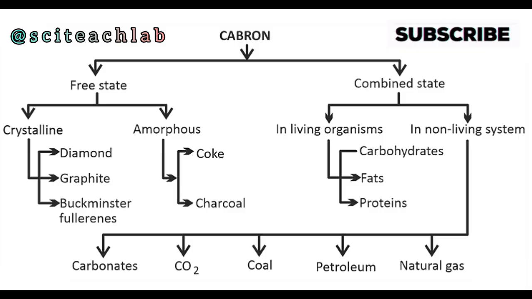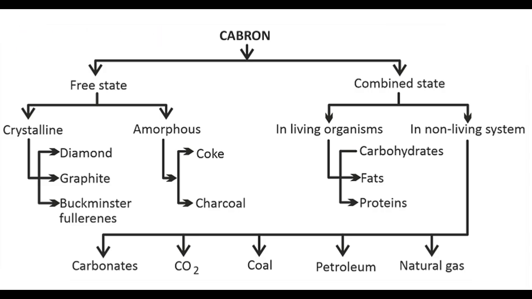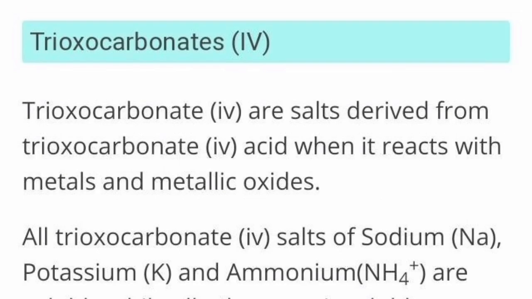Then we have trioxocarbonates 4. Trioxocarbonate 4 acid is very important. It's a dibasic acid. It forms 2 salts: the normal trioxocarbonate 4 salts, and the acidic hydrogen trioxocarbonate 4.